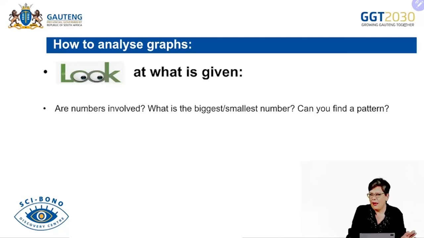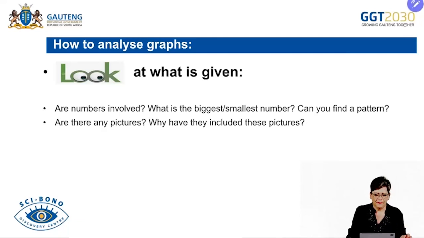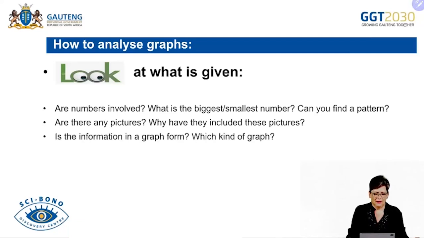Can you find a pattern? Is there something that shows you what this graph is all about? Maybe they've included pictures. Always ask yourself why. Why would they want to include pictures? If it's in a graph form, what kind of graph is it?